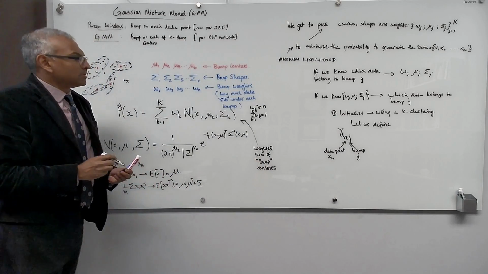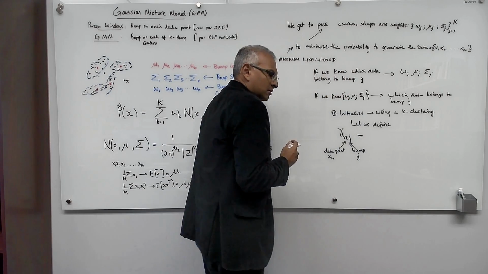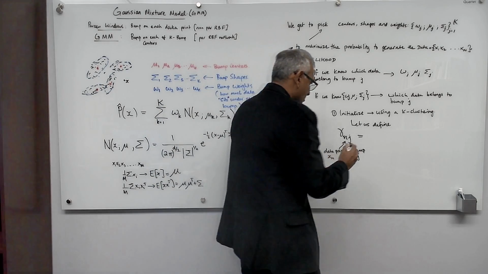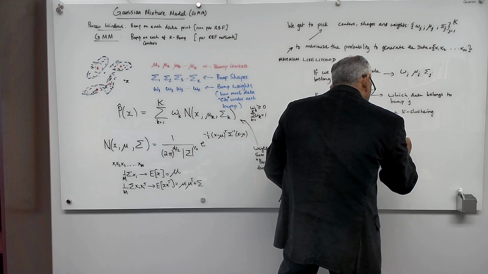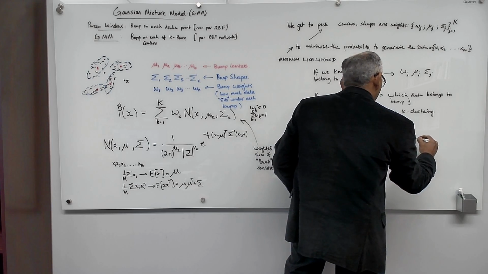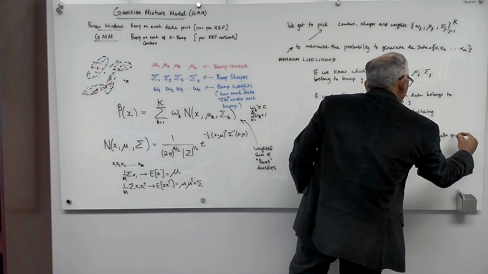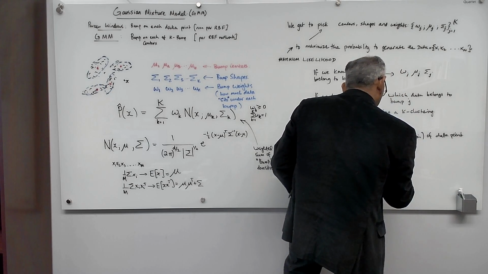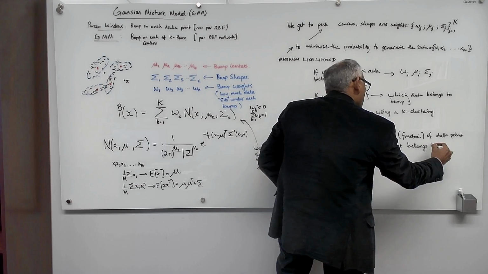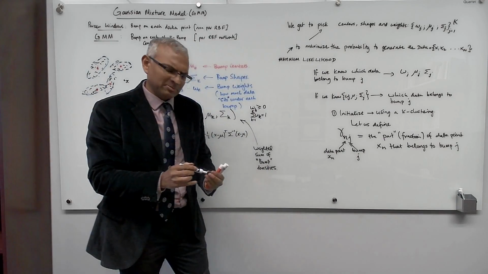I'm going to define gamma nj as the "part" of data point xn, i.e. the fraction of data point xn that belongs to bump j.